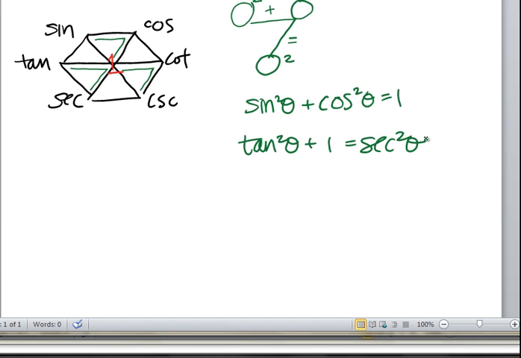And last but not least, 1 squared, which is 1, plus cotangent squared theta equals cosecant squared theta. And those are our three Pythagorean identities that we get from our magic hexagon.